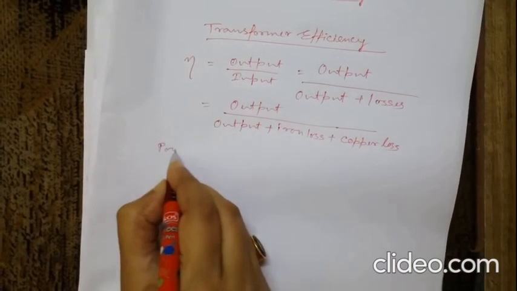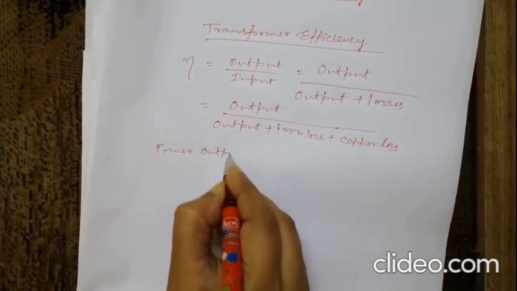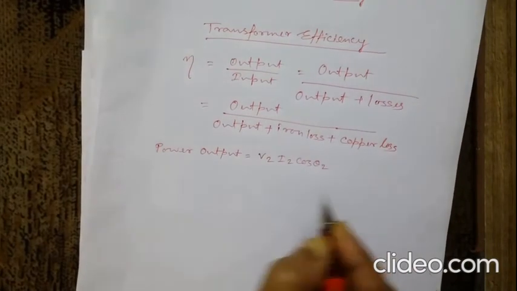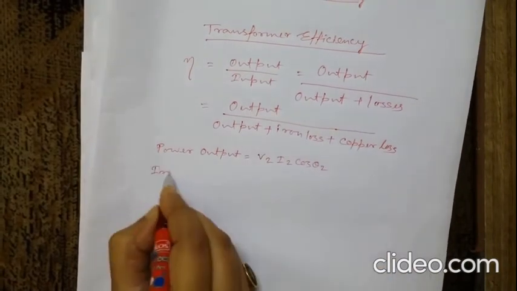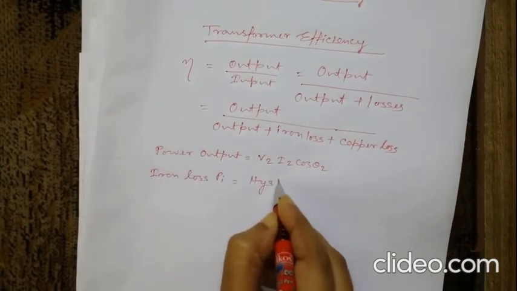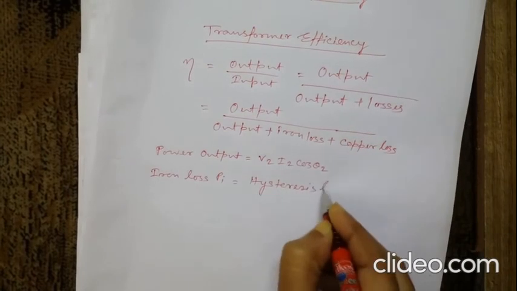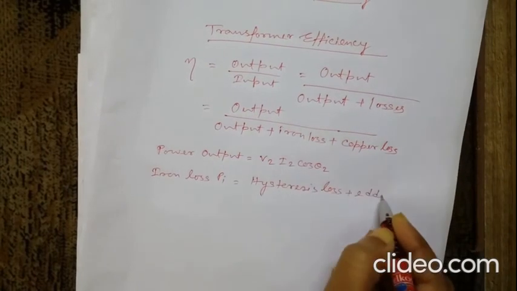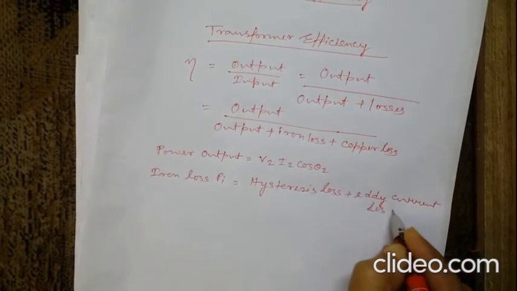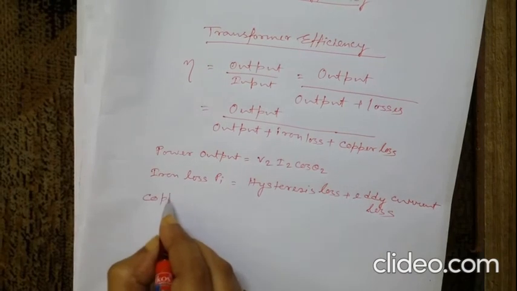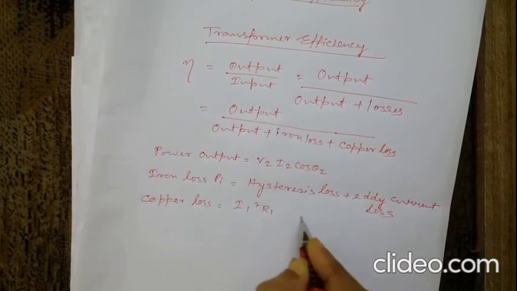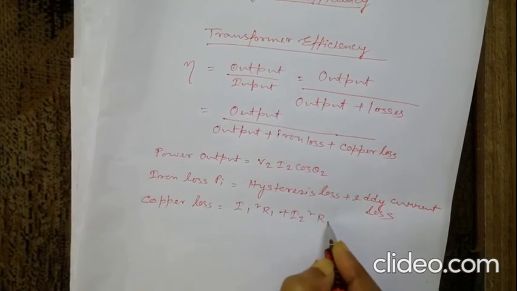Now power output is equal to V2 I2 cos phi 2 from the secondary side of the transformer, and iron loss Pi is equal to hysteresis loss plus eddy current loss. Now copper loss is equal to I1 square R1 plus I2 square R2.